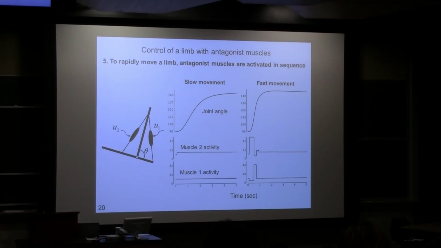So to hold still, you need to have activity in both agonist and antagonist, which will determine the position. So holding still is an active process. You need co-activation. But during the movement, you shut off the one that's antagonist to the action you're trying to do.